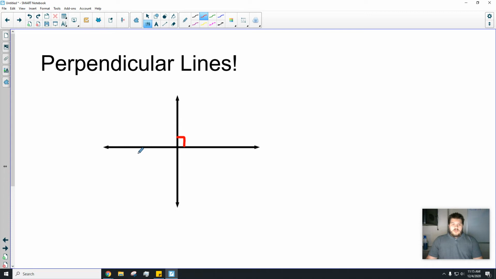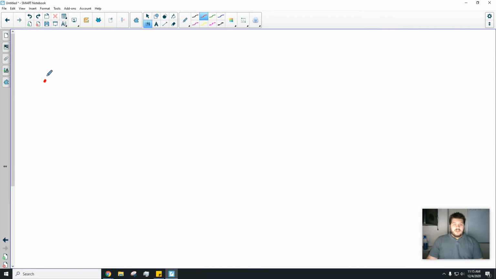So what we need to do today is figure out how to recognize if lines are perpendicular by looking at their slopes. Again, slope is m. It's our rise over run. That shows the direction and the steepness of the slopes or hills of the lines, if you want to think about it.